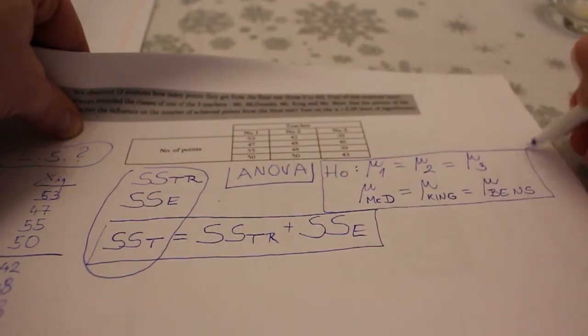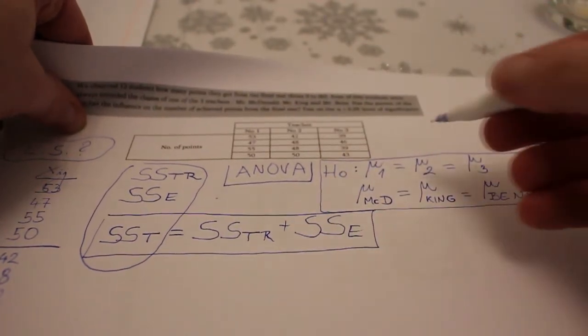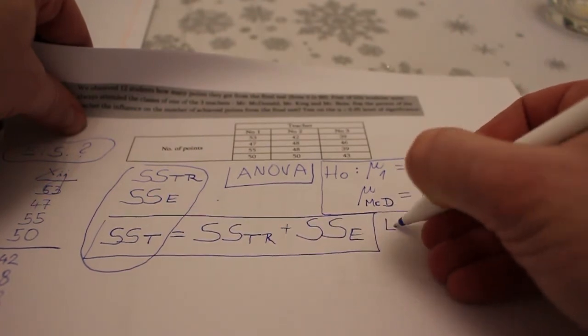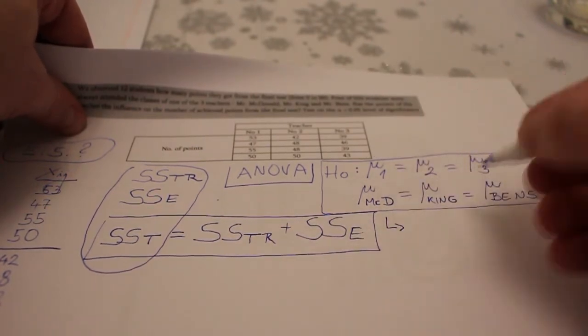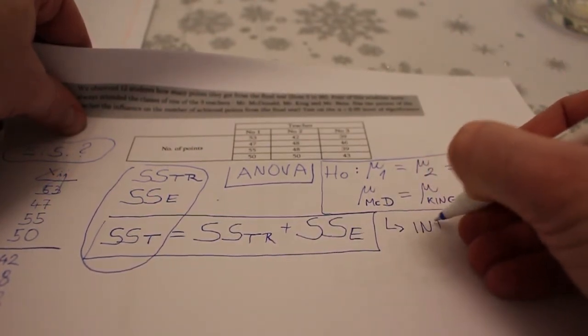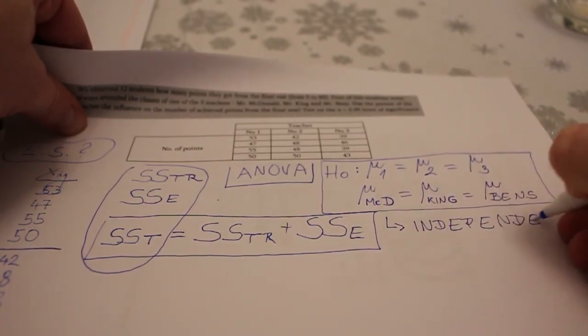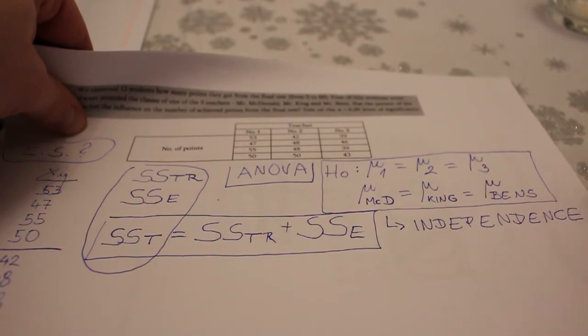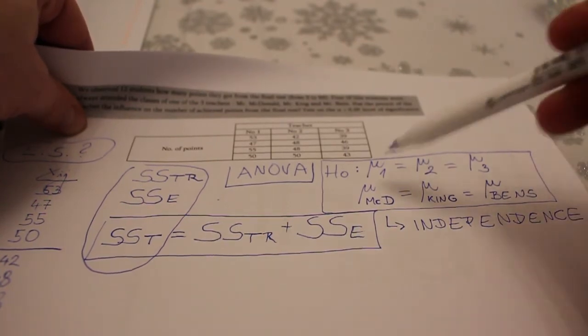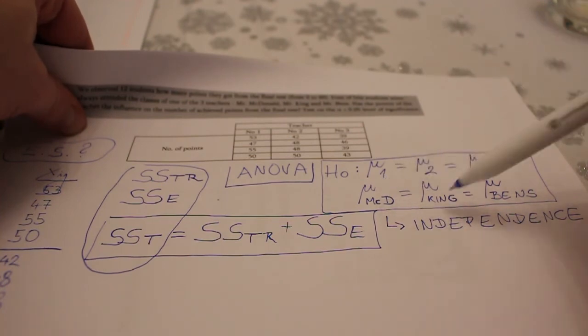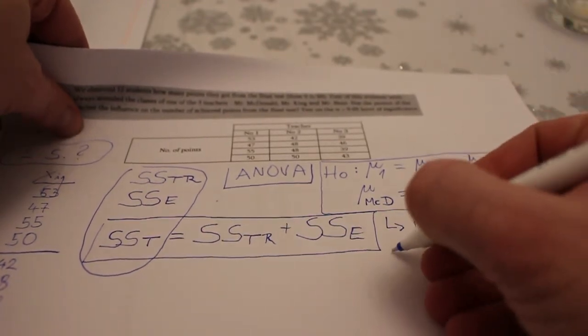This is ANOVA, the analysis of variance method. This zero hypothesis means independence: there is independence whether you have the first, second or third teacher. Equality of means means independence.